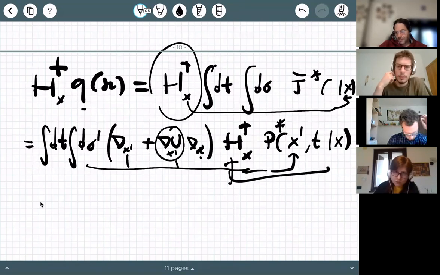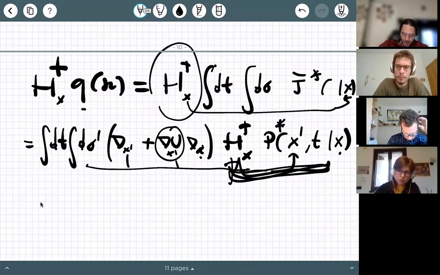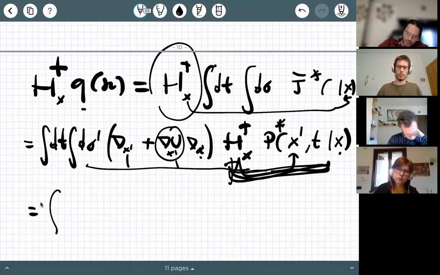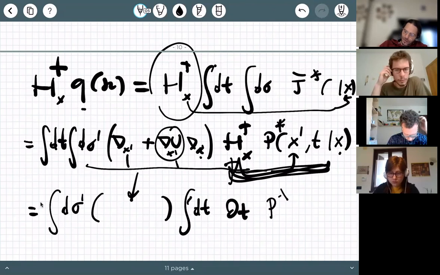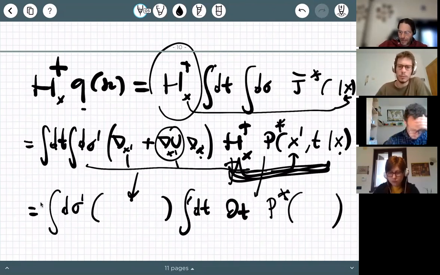And they arrive here. Now I use the Fokker-Planck equation with respect to this. Which basically tells me I have an integral d sigma prime. I have this derivative here. I have the integral in dt and the partial derivative of this guy. Because this is the Fokker-Planck equation.